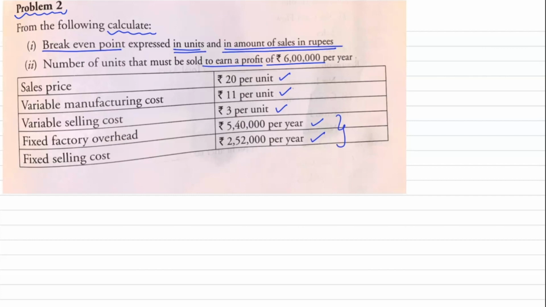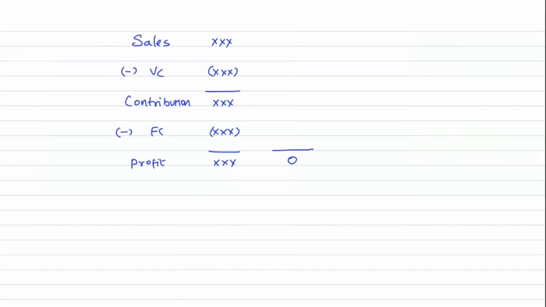They have two fixed costs, 5,40,000 plus 2,52,000. That is 7,92,000 is the overall fixed cost. That's going to remain same, 7,92,000. At break-even sale, their contribution should also be same 7,92,000. Only then profit or loss will be 0.